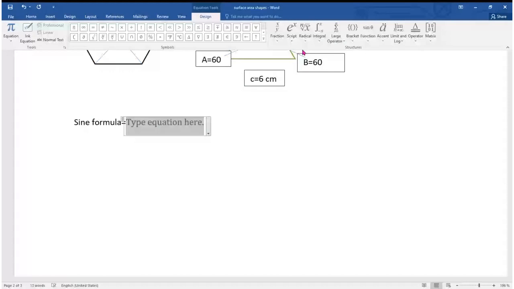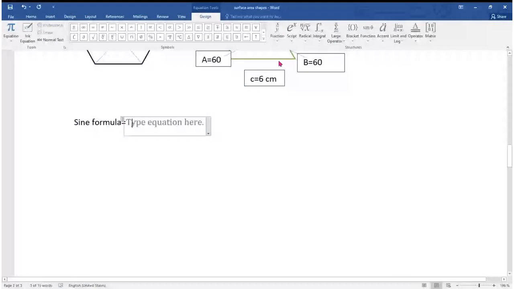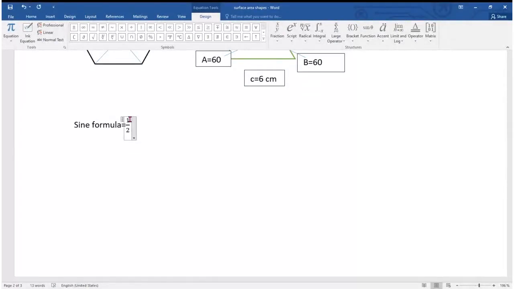It's found by a half AB, small letters, multiplied by the sine of C. So C is an angle.